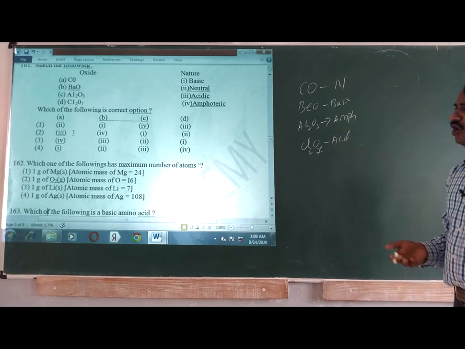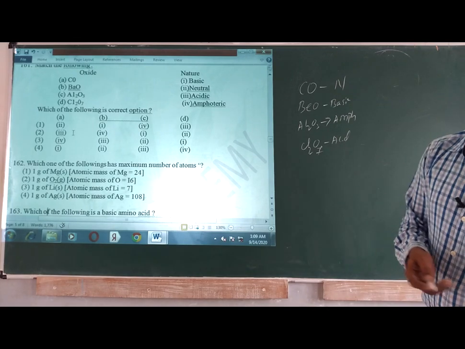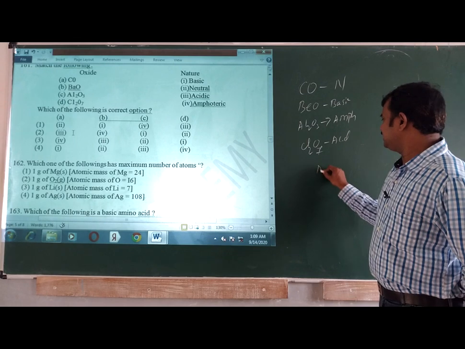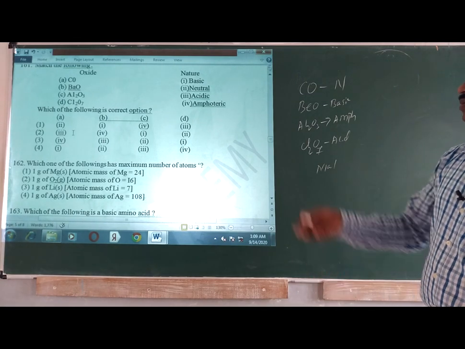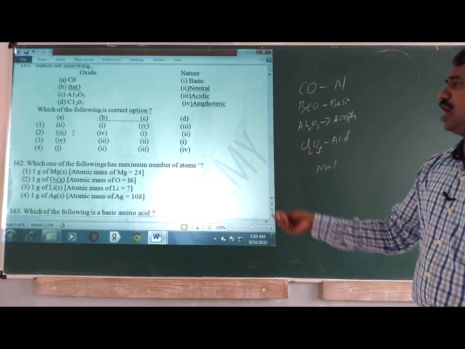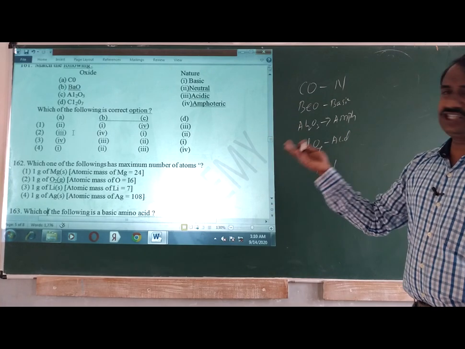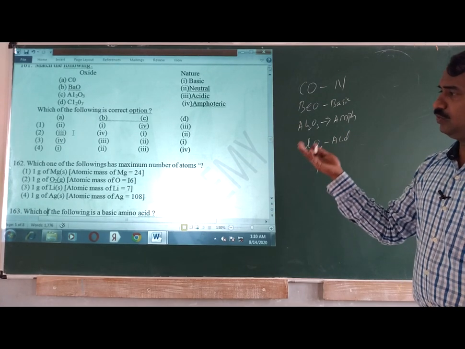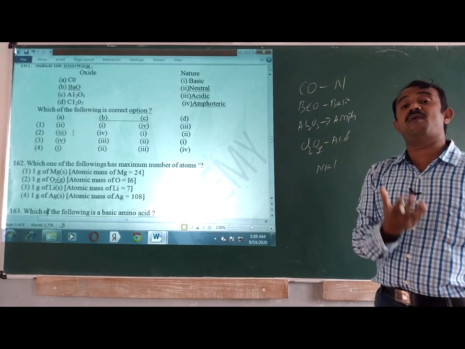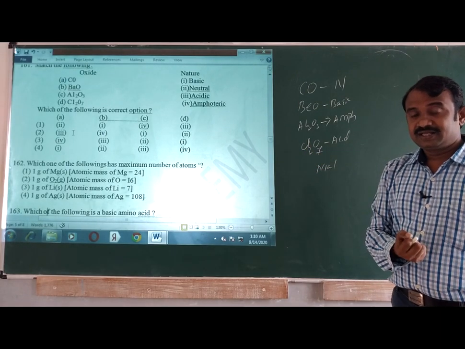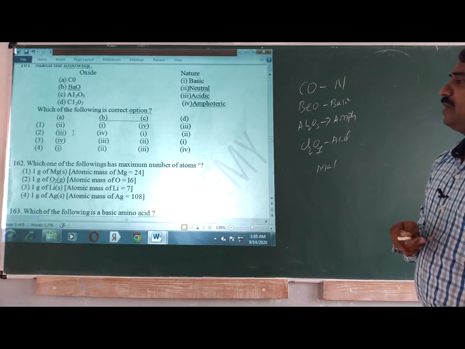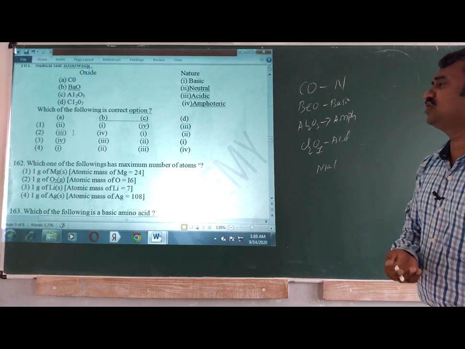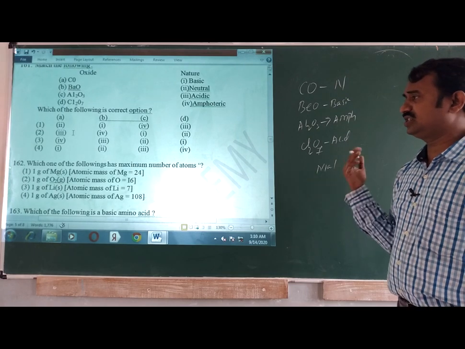Which one of the following has the maximum number of atoms? In 1 gram, take 1 gram of magnesium, atomic mass 24. The lower the atomic mass, the greater the number of atoms. Next, 1 gram of oxygen, atomic mass 16.